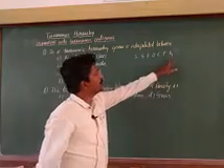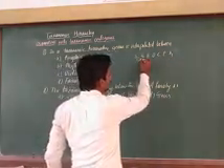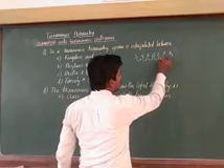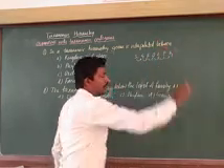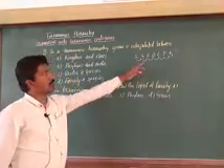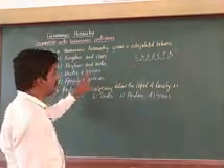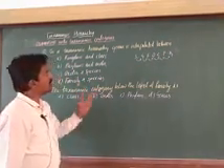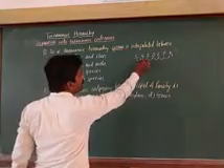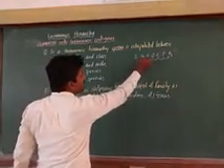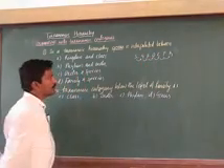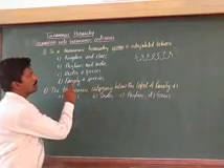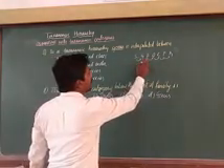If you remember this sequence, these are not tough questions, very simple questions. Definitely you can identify where genus comes: in between species and family.